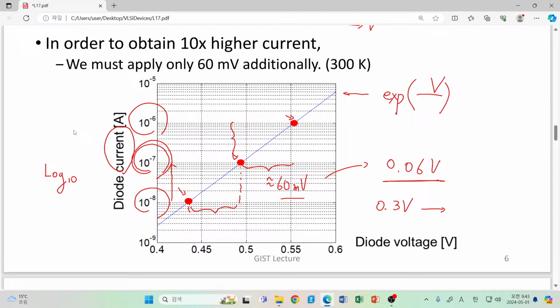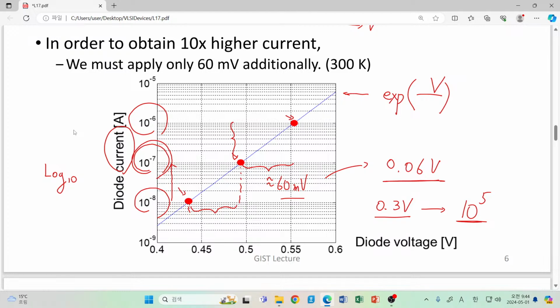The answer would be just 10 to the 5, because this 0.3 corresponds to 300 millivolt, and this is 5 times larger than our unit 60 millivolt. So every 60 millivolt we have 10 times larger current, so we go 5 times with this step, so we will have 10 to the 5.